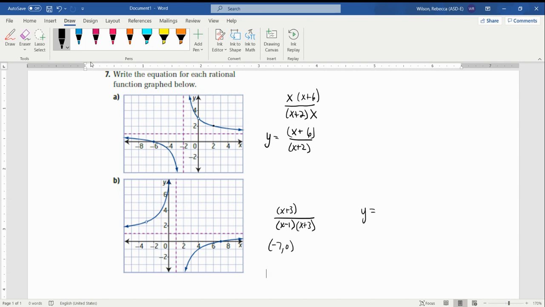To be honest, taking the x-intercept, I'm just realizing this now, makes it a little easier to figure out what that numerator would be. Because, I'll even go back to the last example, x plus 6, I know I had an x-intercept at -6. I know that for my x-intercept, I'm really only going to be looking at that numerator. So I'm going to bring it to the other side because y is going to be 0.